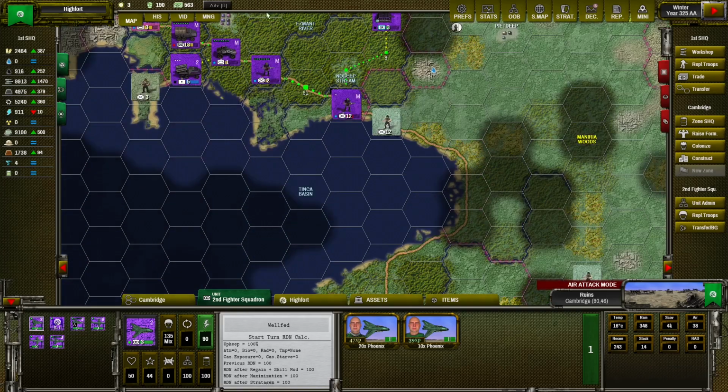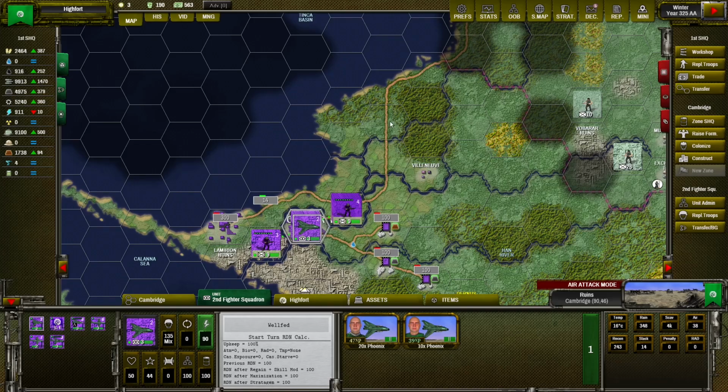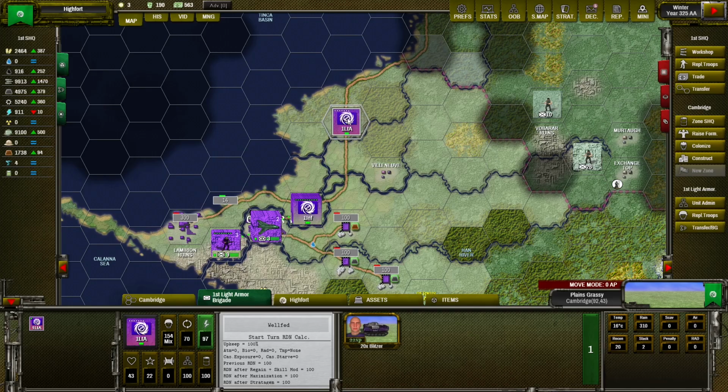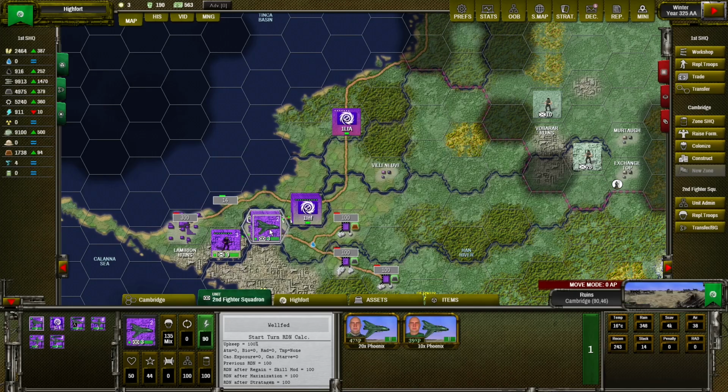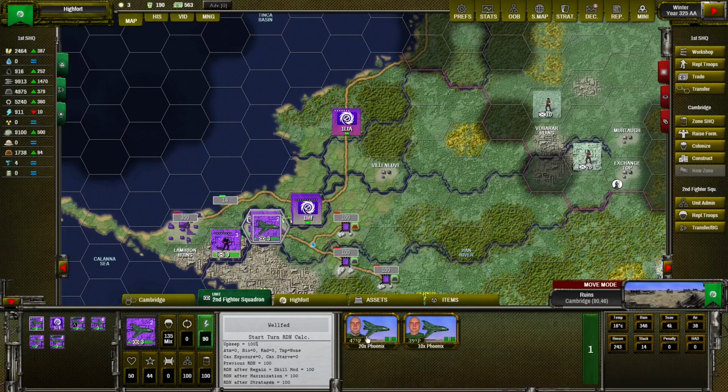So if the enemy has any airplanes and they perform some nearby bombardment, for example, if they attack my units here, fighters can protect the sky in their operational range. Currently their range is 16 hex, so they can protect nearly the whole zone.